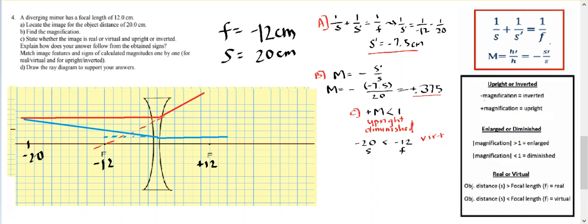And lastly, our third ray will travel straight through from the top through the center. And where these three lines meet up, we know will be the S prime, which we found to be negative 7.5, which makes sense because it should be in front of the focal point.